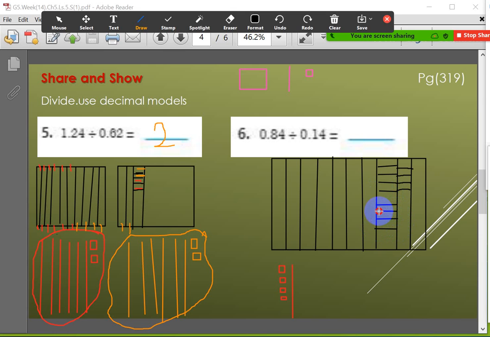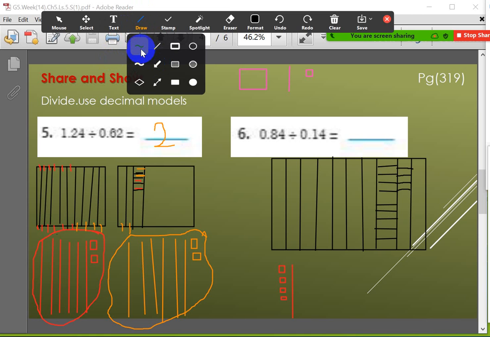I think you can draw it better than me in your book. Who is talking? I can't hear the teacher. Okay, I am here, but I am focusing because I have to draw the model.